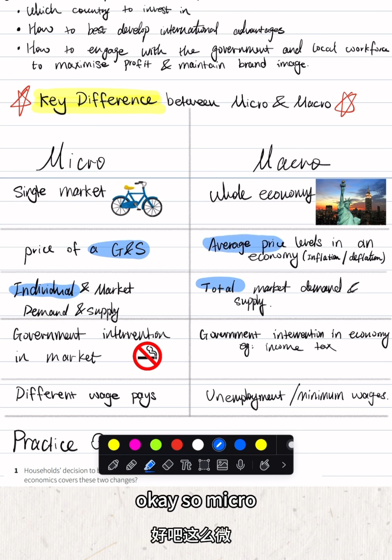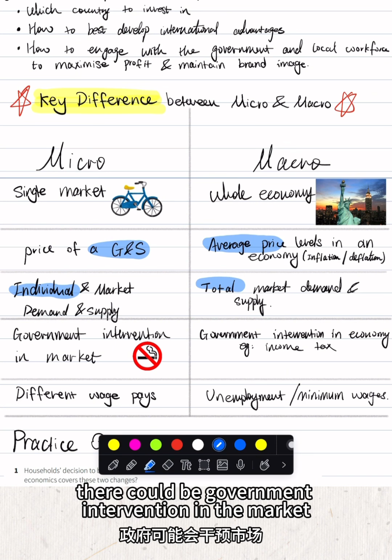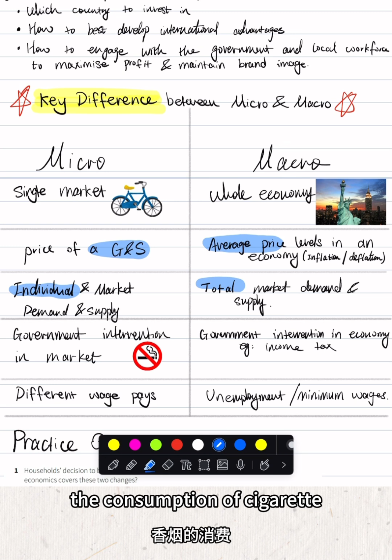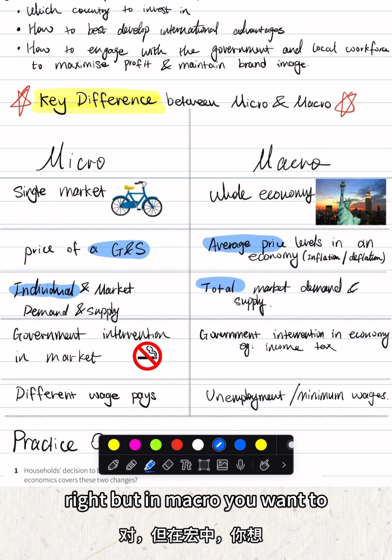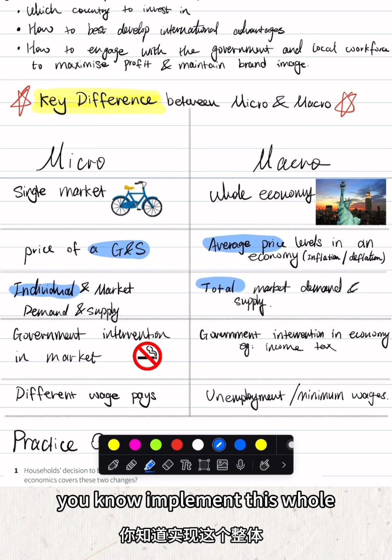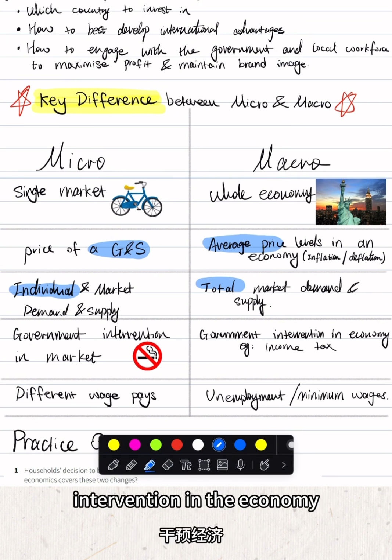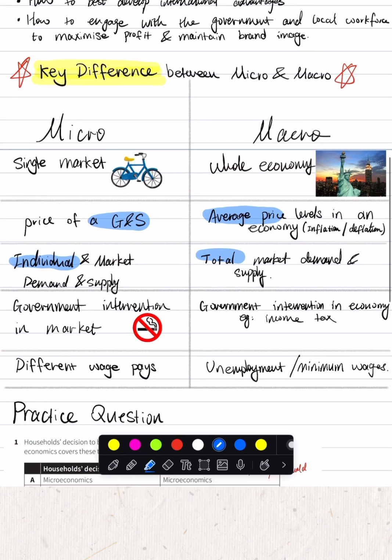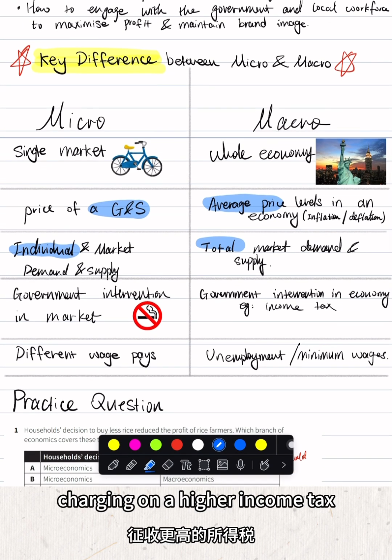Okay, so in micro, there could be government intervention in the market. For example, you could ban the consumption of cigarettes, right? But in macro, you want to implement this whole intervention in the economy where it functions to everyone equally. For example, charging a higher income tax.